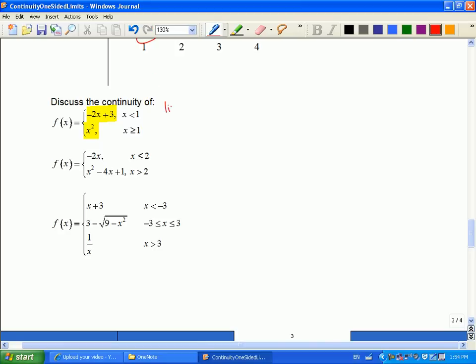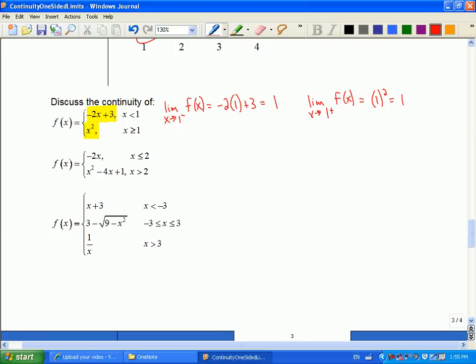If I want to know the limit from the left-hand side, that's going to be -2 times 1 plus 3. So it's 1. If I want to know the limit from the right-hand side, it's going to be 1 squared, which is 1. So yes, these two pieces do meet.